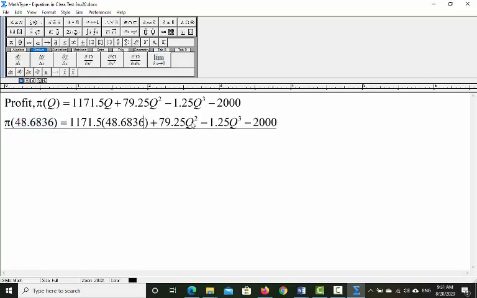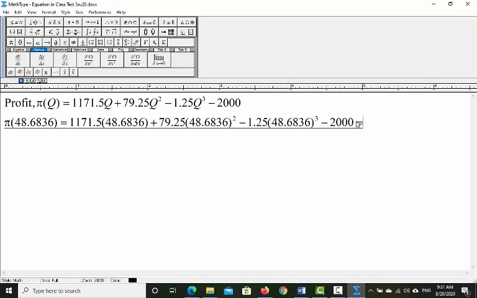So we will put the value of Q there in the function. If you type it exactly like the way it is here, you will get the answer.